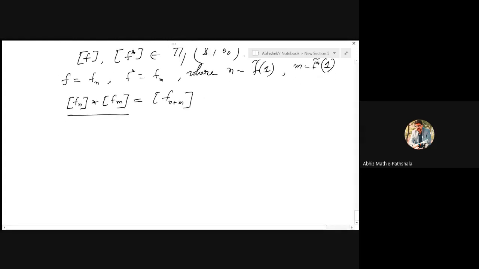Just by defining a map G tilde by just taking the translation of this. That means this map starts at n.